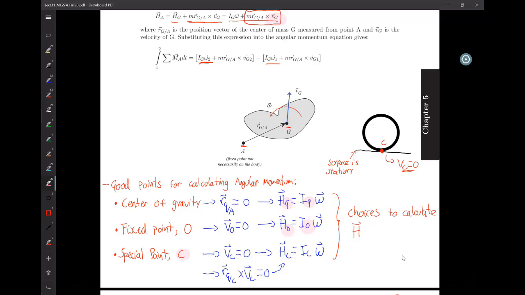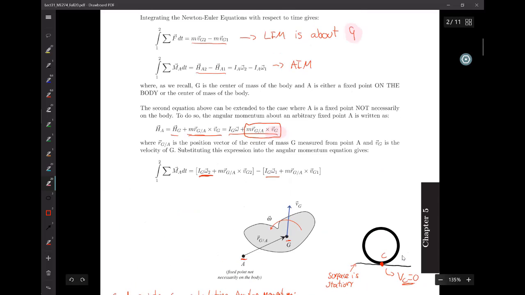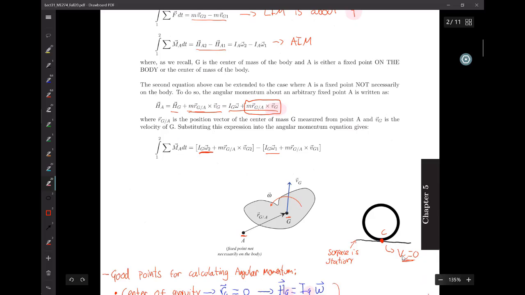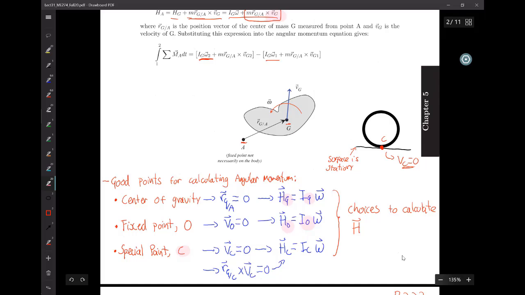Any questions there? So things to remember: linear impulse momentum needs to be about G. Angular impulse momentum of a body can be about any point that is convenient for us, and we follow these choices here to calculate.